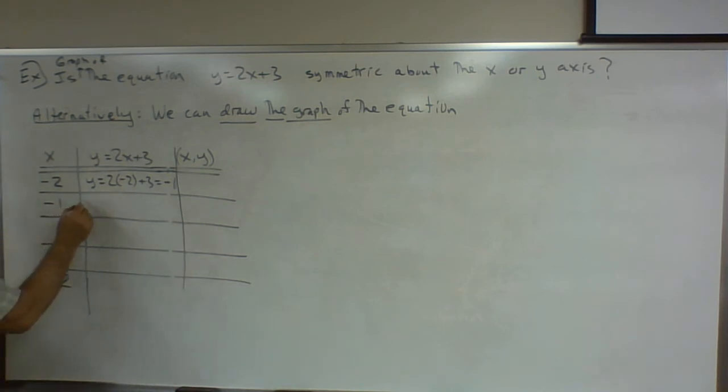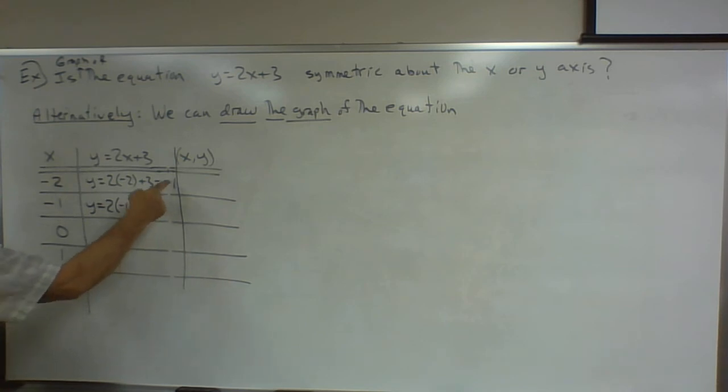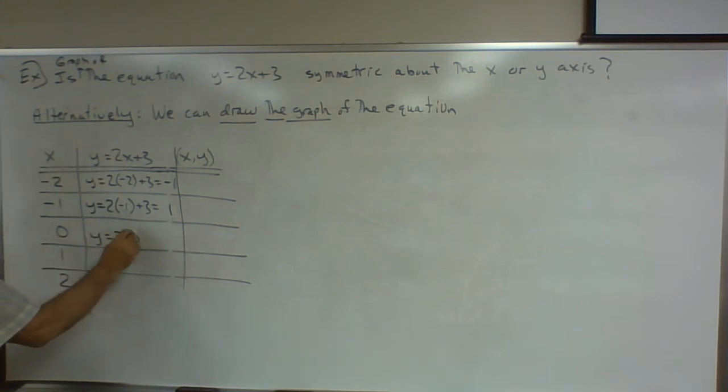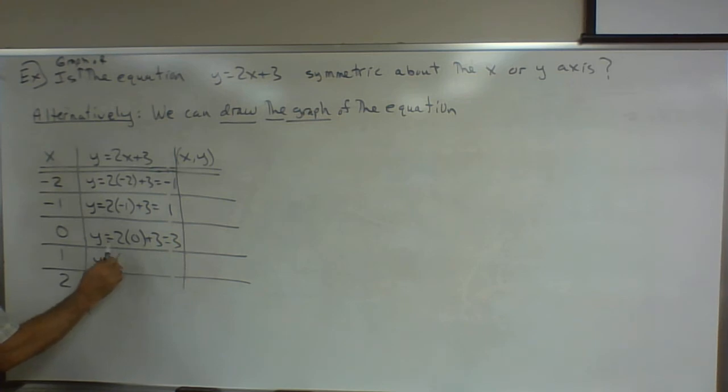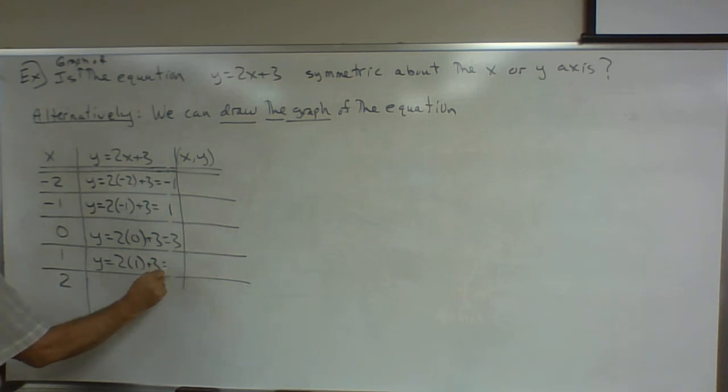We'll take -1 and plug it in. -2 plus 3 is +1. Plug 0 in. Plug in 1. Five. Plug in 2 for x.